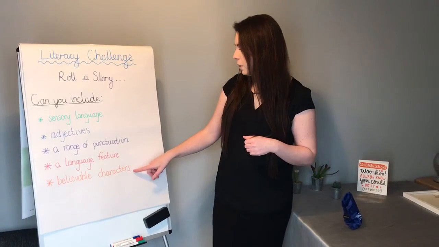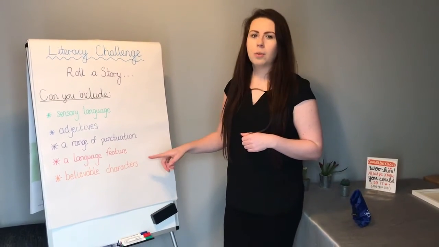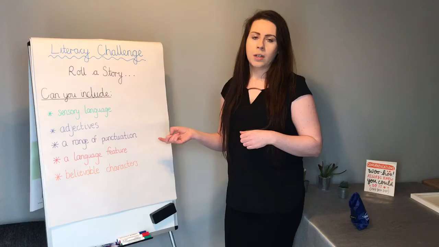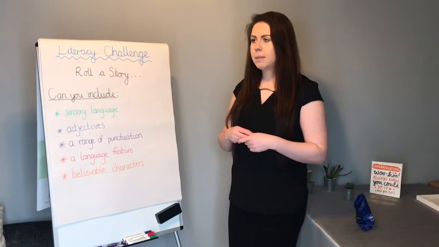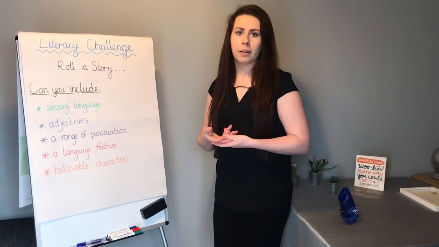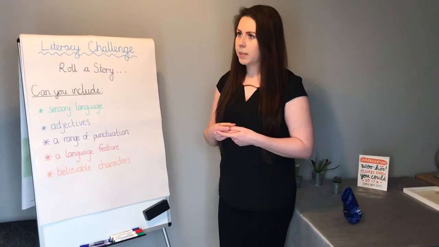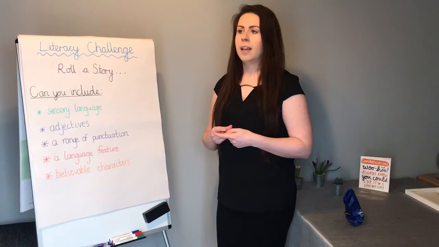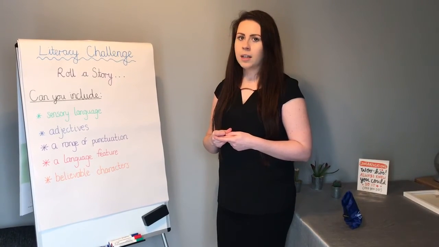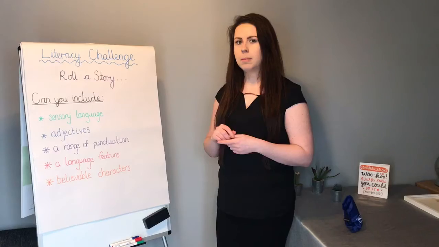One last thing to focus on is try to make your characters believable. So when we had our visiting author, he spoke about how he made his characters come alive on paper. So instead of describing them by saying they were 5'2", they had brown hair, they had blue eyes, try to focus on the things that make them stand out.